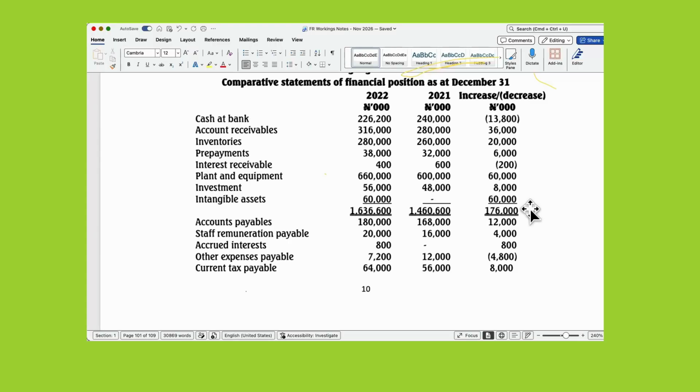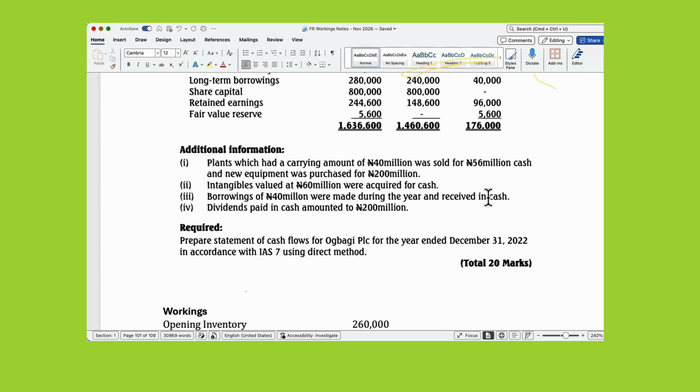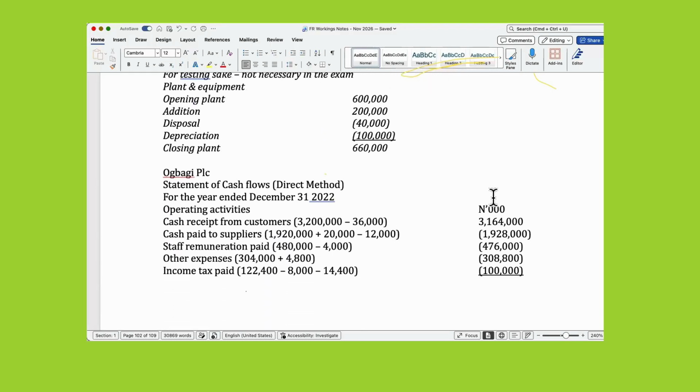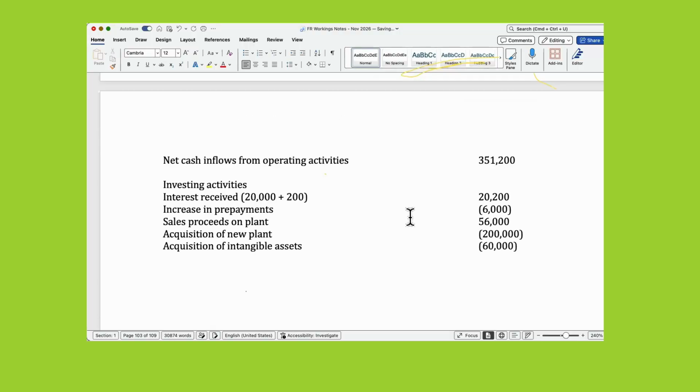Then we have intangible assets, which is 60,000. Since I can't see any valuation surplus relating to intangible asset here, and the examiner also corroborated that this 60 million is actually acquisition in cash, I'm free to put that 60 million as acquisition of intangible assets as an outflow, 60.